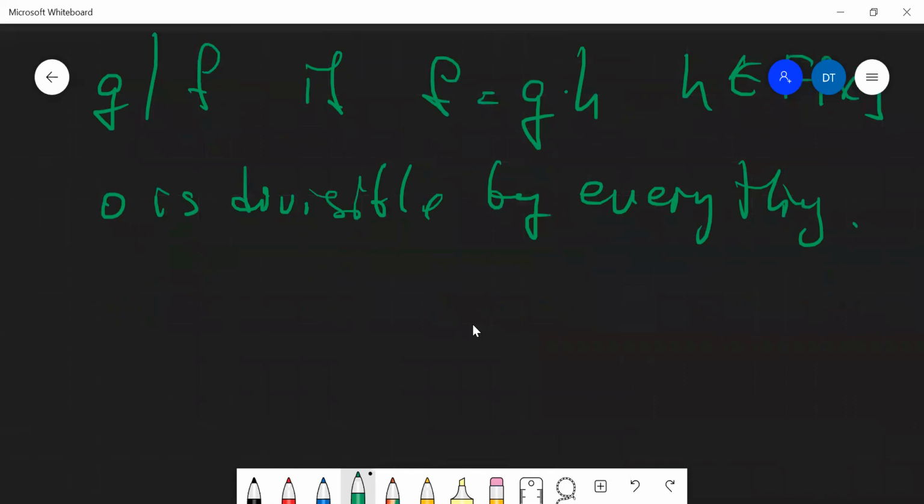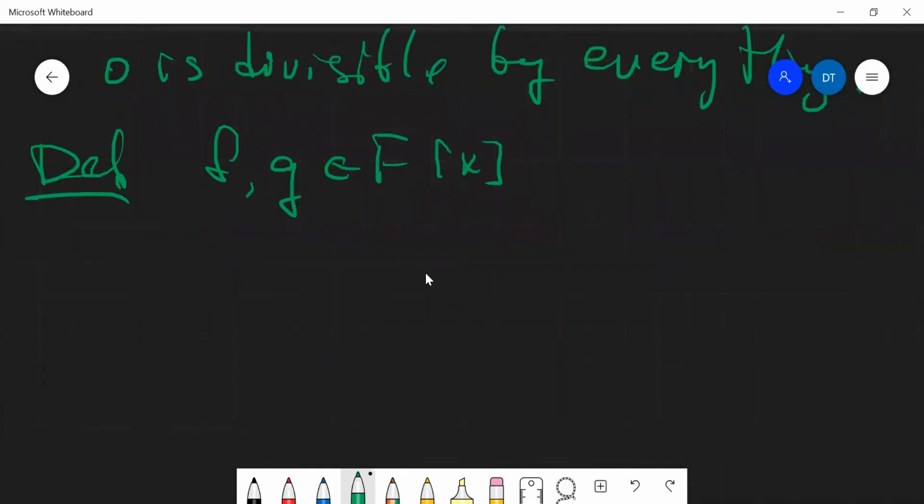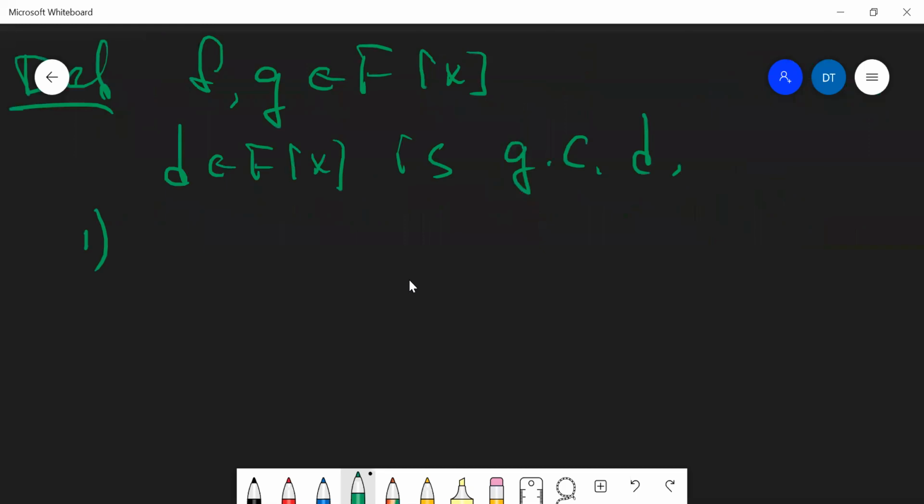Okay, and there is a notion of the greatest common divisor of two polynomials. So if we have two polynomials, f and g, then we will say that a polynomial d is a greatest common divisor if the following two properties are satisfied. The first one says that d must be a divisor, so d divides f and d divides g.